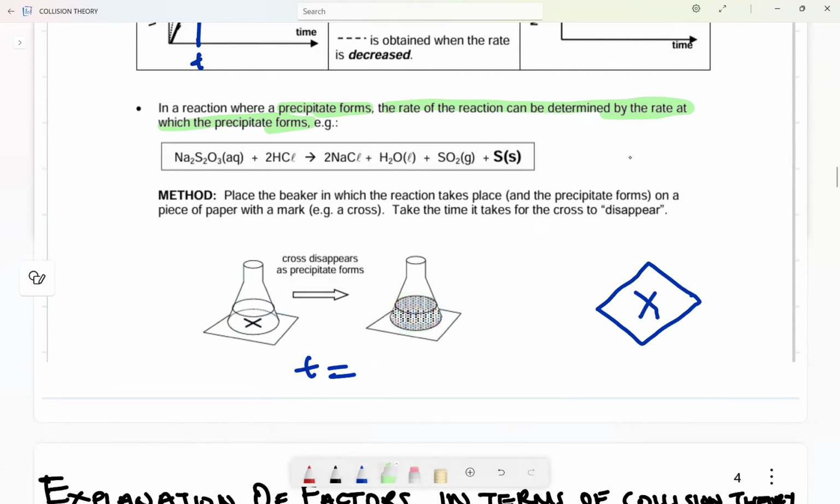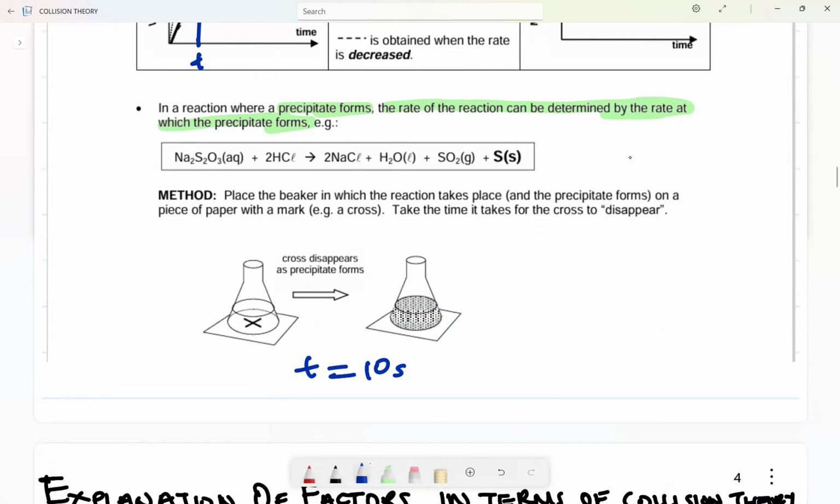Remember, we said a precipitate is a solid. So when it forms that solid, the color will maybe change, then the cross will disappear. The minute the cross disappears, we stop the time. Let's say after 10 seconds the precipitate forms.